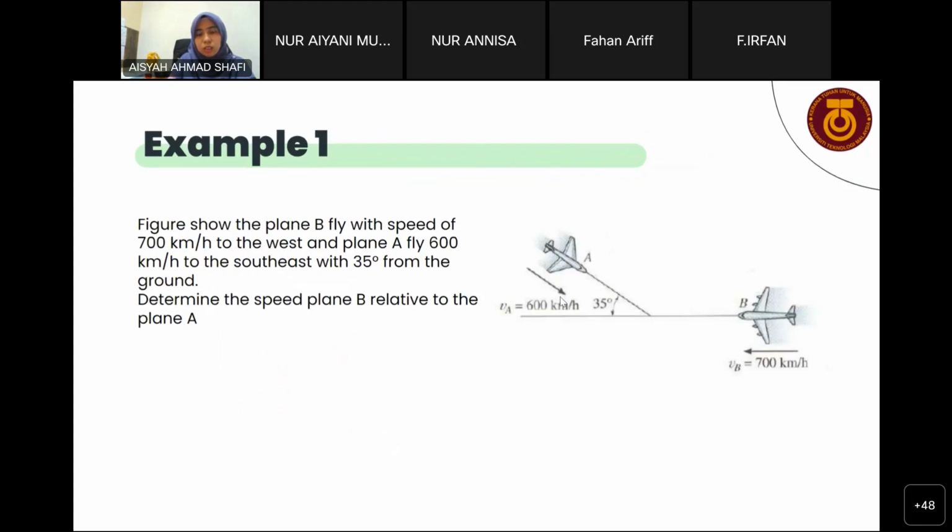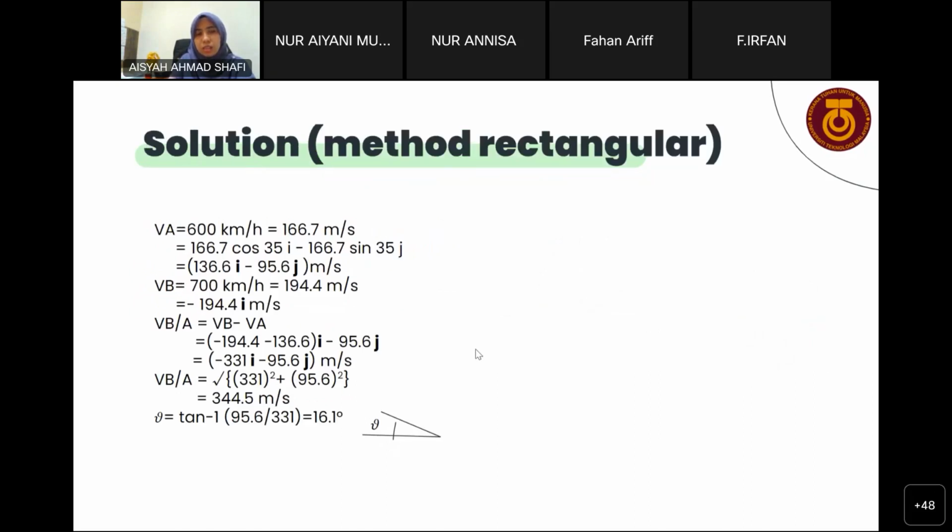For the inverse tan, it is y over x. So y over x is 65.6 over 331. Yes, I understood, it depends on whether we have the 0 or not.